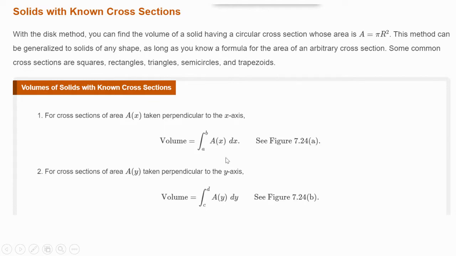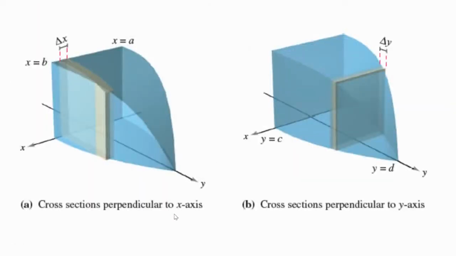Now I'm going to show you an example. I'm going to come back to this formula, but I'm going to look over here. Suppose that we were talking about taking squares, and I think we're going to pretend that this is a square, cross sections that are perpendicular to the x-axis. So you see, we are talking about a three-dimensional figure, but it is composed in the following way. We have cross sections.